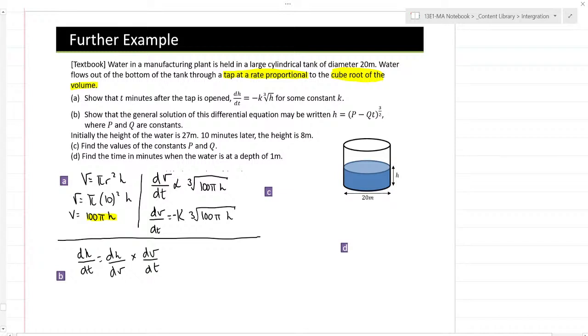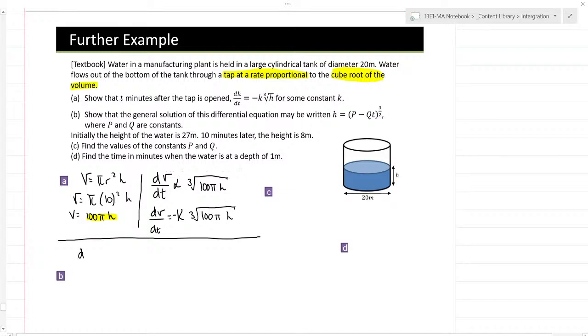However, I think it's easier to do it the other way around. I think it's better to start off with dv by dh and then use the formula. So let me just change this here. Now I only know to do this because, again, I've done lots of these questions before.